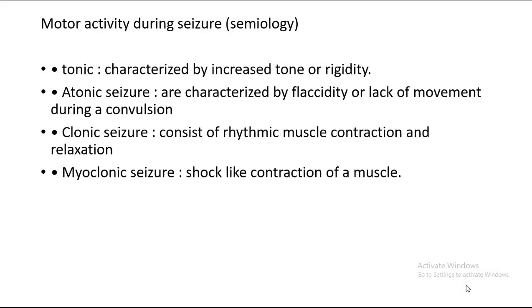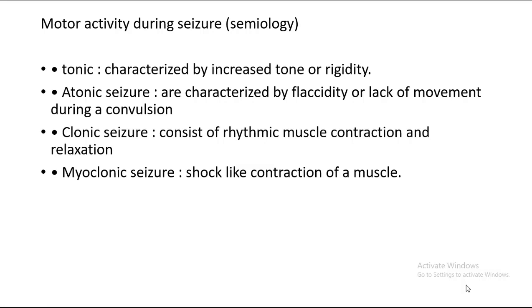Now, the motor activity or phenomena of seizures can be summarized. حقيقة هذا summary جدا بسيط عن أهم أنواع الموتور phenomena أو موتور problem اللي يصير أثناء السيجر أو السيميولوجي. Tonic seizure is characterized by increased tone or rigidity. إذن راح تشوف العضو أو الطرف أو طرفين أو أربعة متشنجة ومتقولبة.